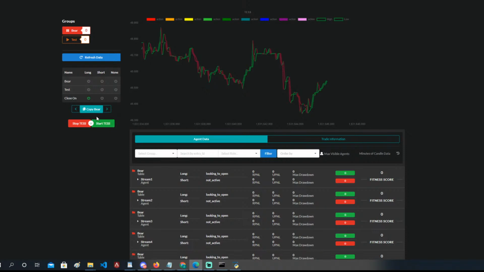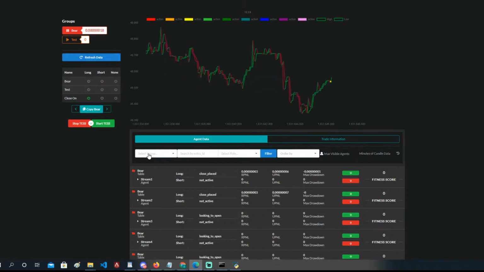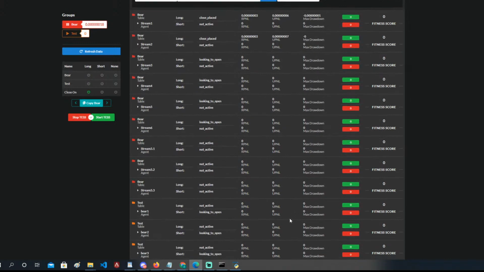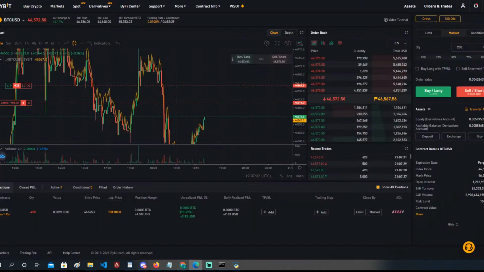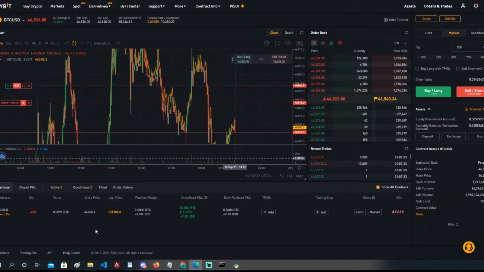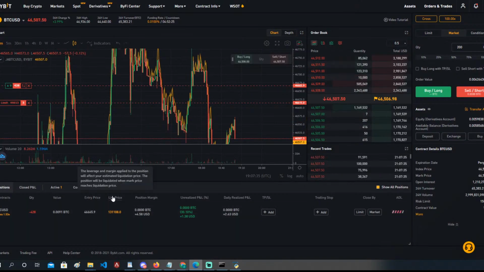And we might have messed this up a little bit, but we should be able to see some statistics on that. Yeah, so the bear, the stream 1 agent and the stream 2 agent have both entered the trade, and they've both not exited yet. All right, so that's what we have currently. Did we exit there?